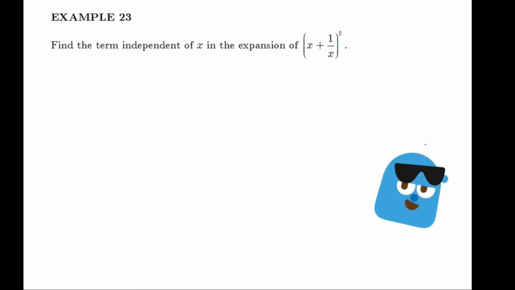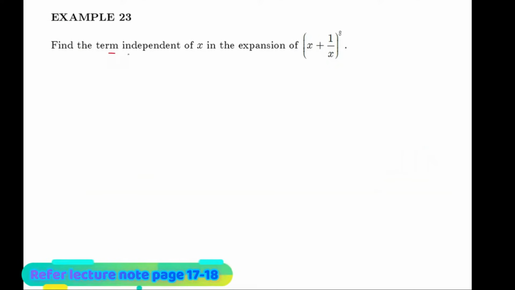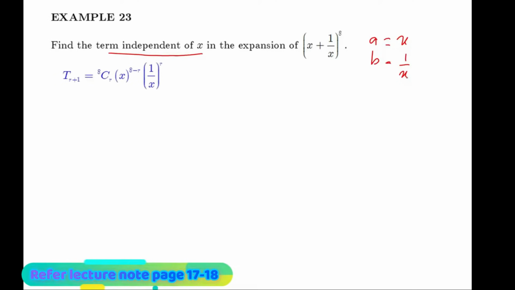And we're done. For example 23, we have to find the term independent of x in the following expansion, with a equals x and b equals 1 over x. Similarly, we substitute our a and b into our T(r+1) formula.